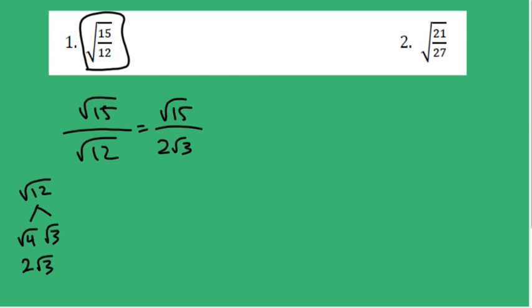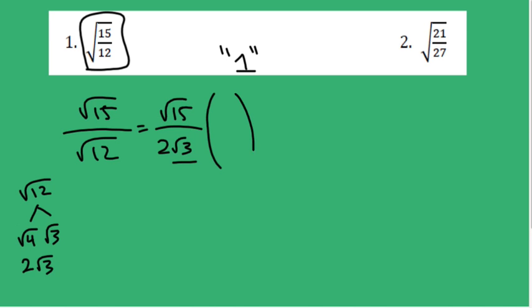Now I'm not done. I've got a square root in the denominator. That is not simplified. All right, this is not simplified simply because this square root of 3 is here. So, Mr. Heeren, how do you get rid of it? Well, I'm glad you asked, because here's all I'm going to do. I'm going to multiply by what I call 1, and here's where I put that in quotation marks.